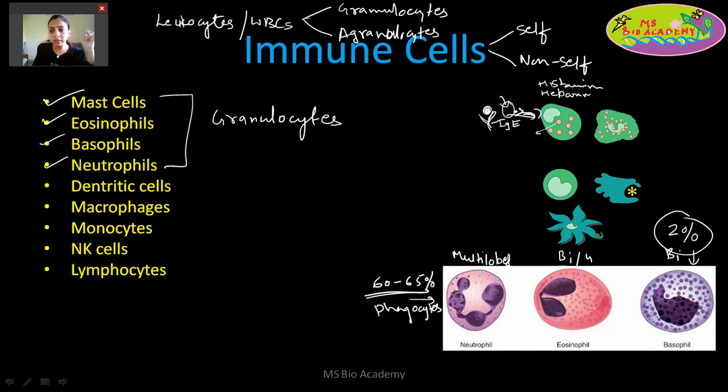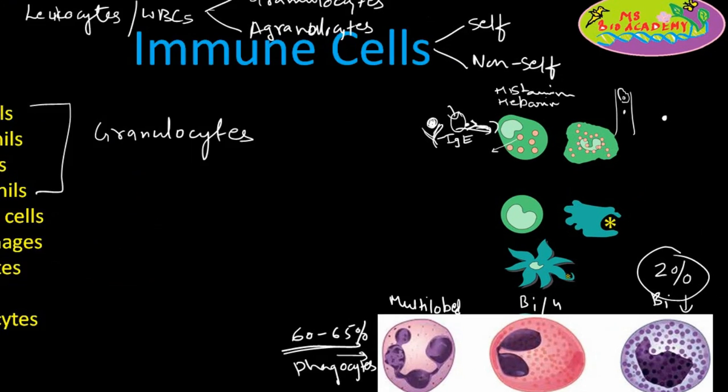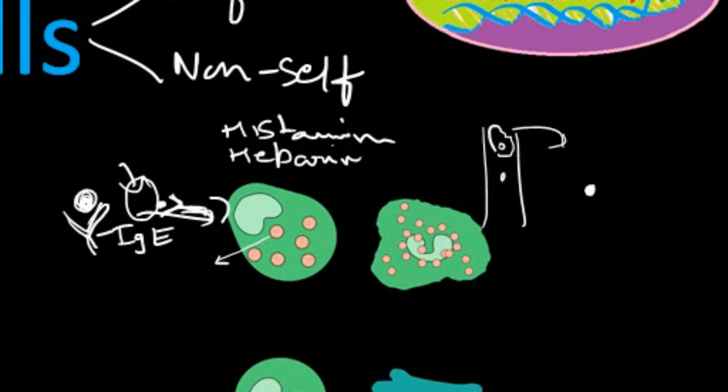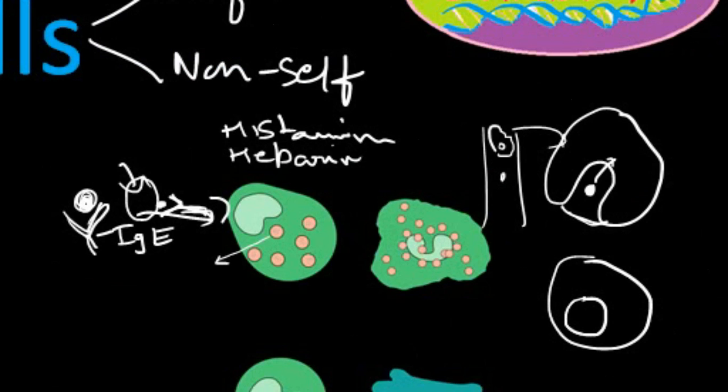Whenever they are circulating in the bloodstream and encounter an antigen, for example, this is a phagocyte. If I zoom in and show it here, these phagocytes try to engulf the antigens and bring them inside.